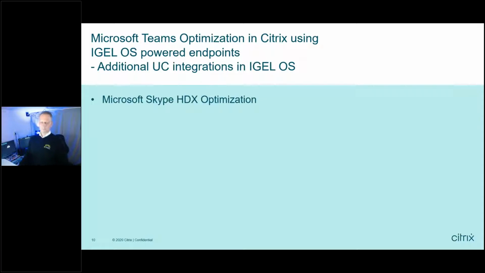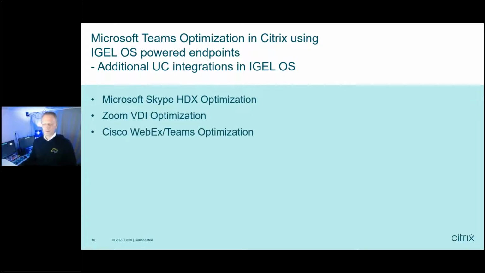We have, since ages ago, Microsoft Skype HDX optimization. We have the Zoom VDI optimization and Cisco WebEx Teams optimization. And those three plus Teams are not using exactly the same kind of technologies, but the user experience is actually about the same cross-platform.